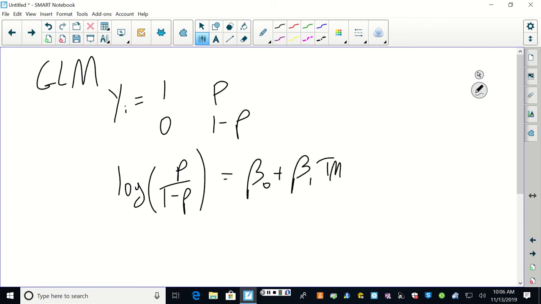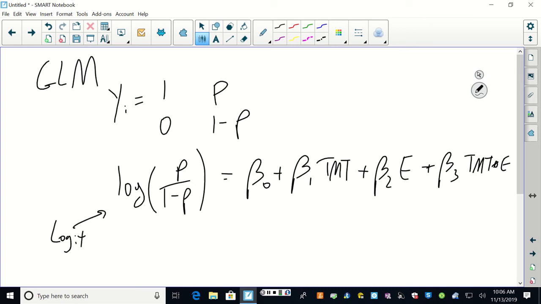So we have the treatment indicator, the early indicator, plus treatment times early. Instead of modeling the y outcome directly, it relates this average or expected value on a transformed scale. This is called the logit transformation.